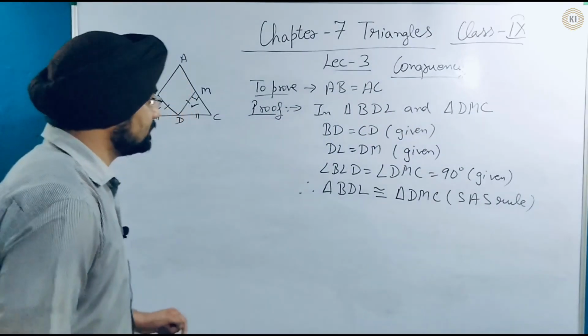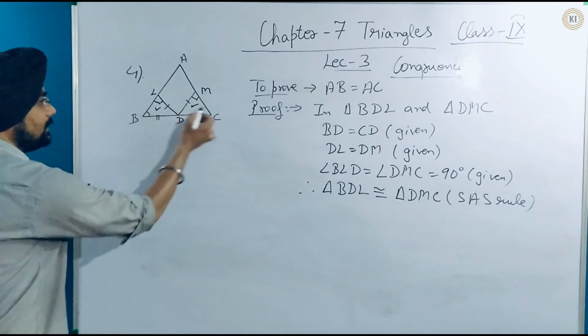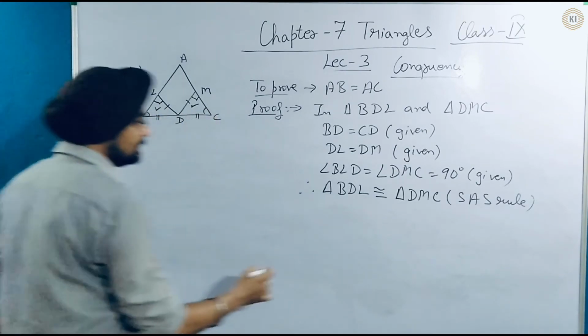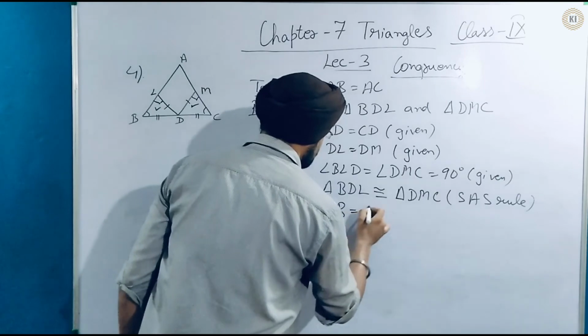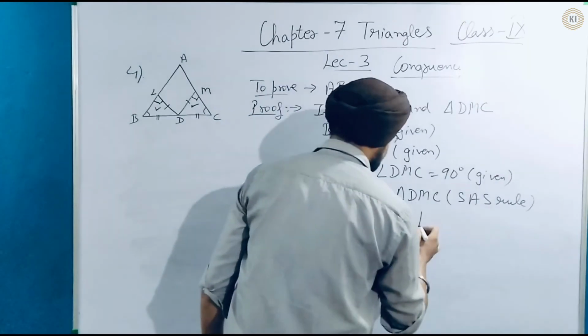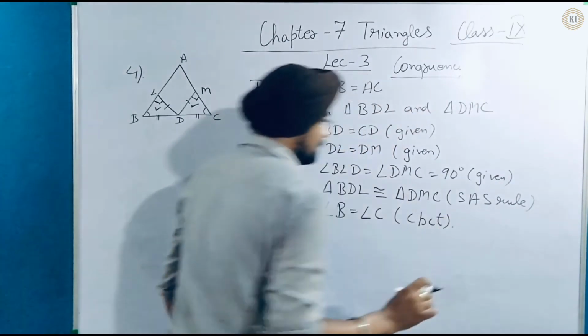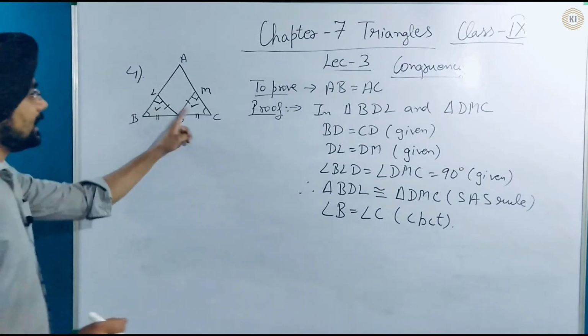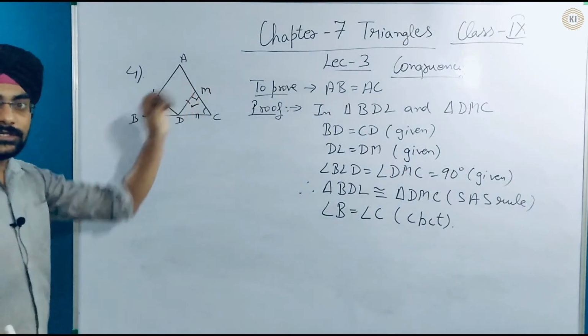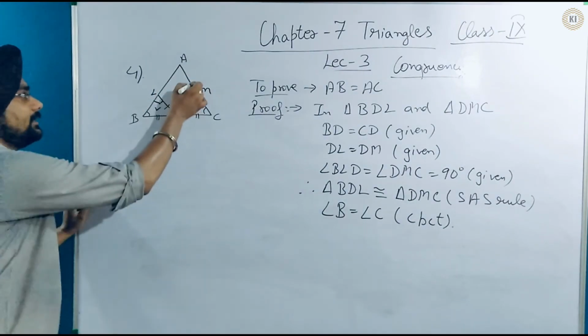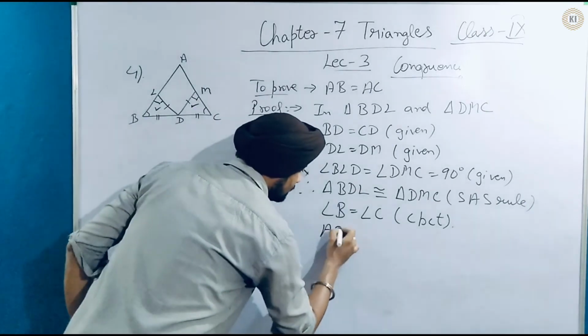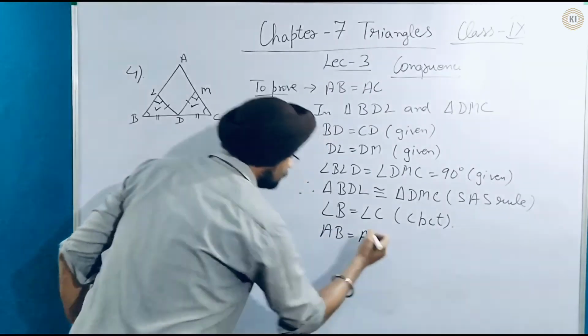So both the triangles are congruent, so angle B will be equal to angle C, that is by CPCT. Now both the angles are equal, so their opposite sides will also be equal, that is the property. It means AB will be equal to AC.